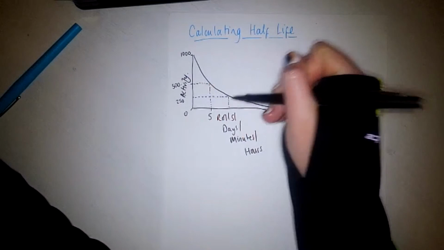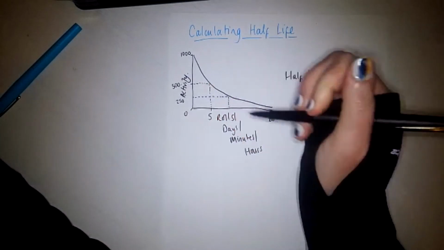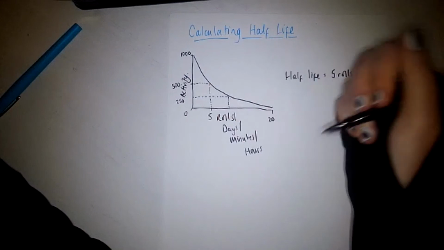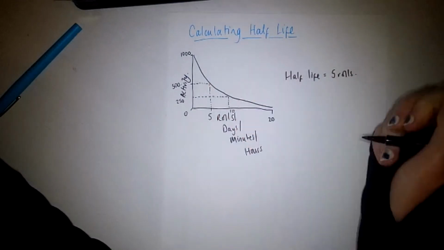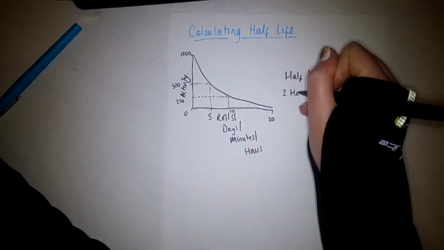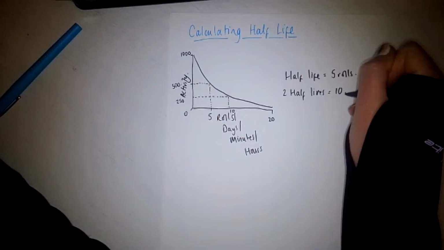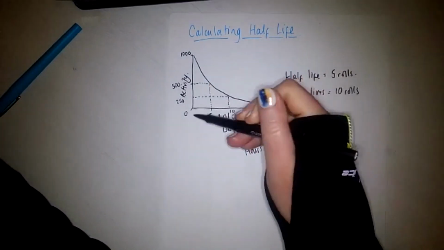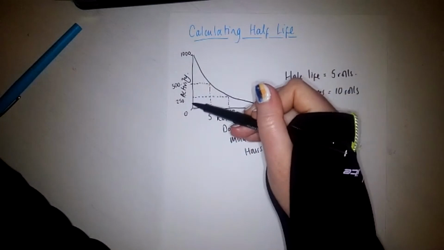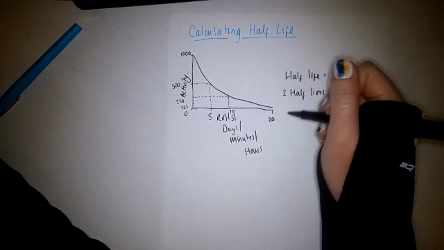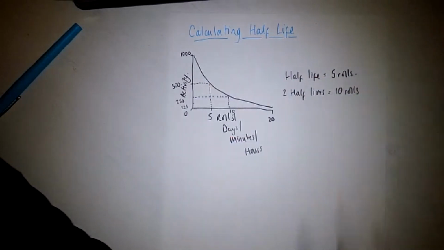Go across, go down, and what you should find is that it's consistent. So if one half-life is 5 rolls or 5 days, hours or whatever, 2 half-lives should be 10 rolls, and then 3, so 125, and then that would be 15, and so on and so forth, and you can keep going, which should be consistent.